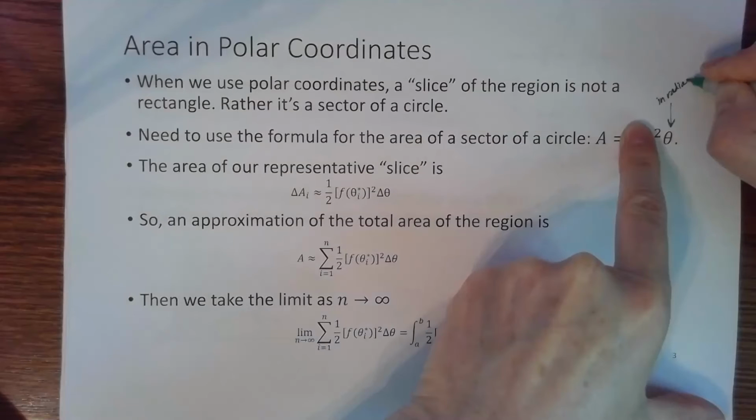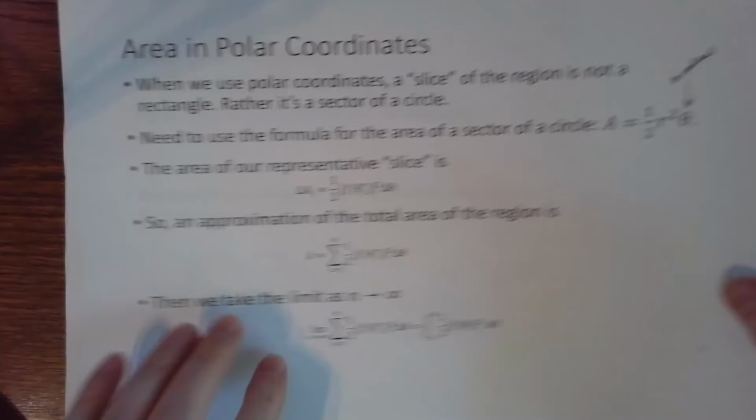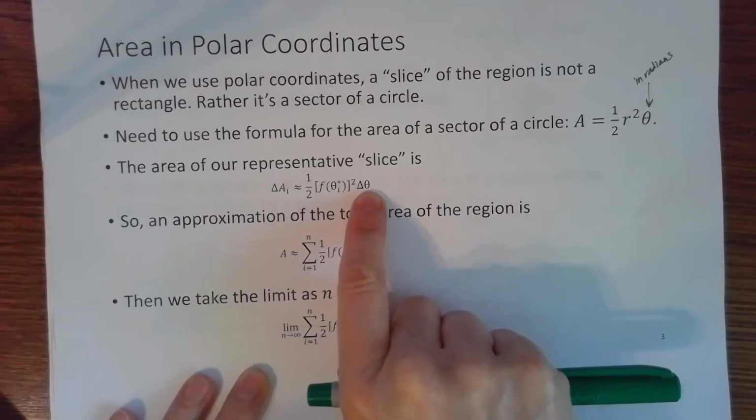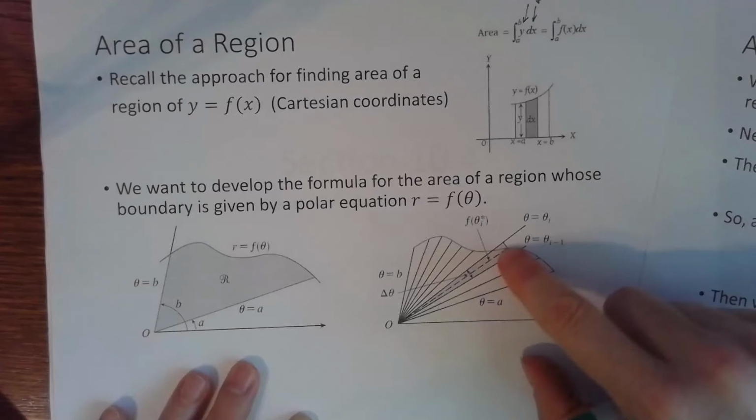And so when we do that, the area of our representative slice, like this gray one that we've looked at here, is 1/2 the radius squared times delta theta, or the change in the angle. Okay, so here's our delta. Here's our angle down here.